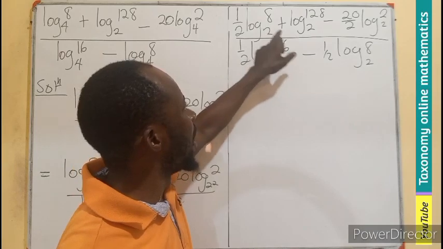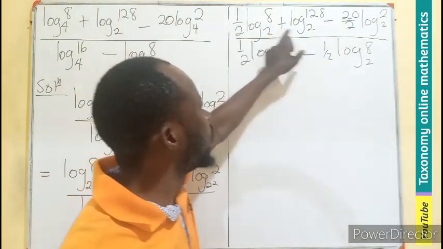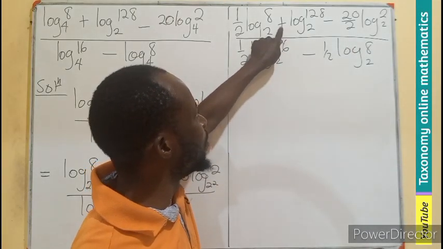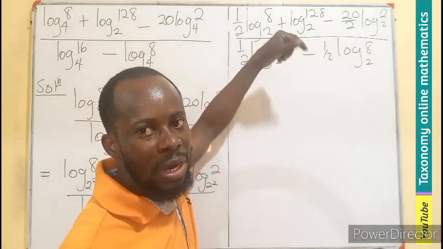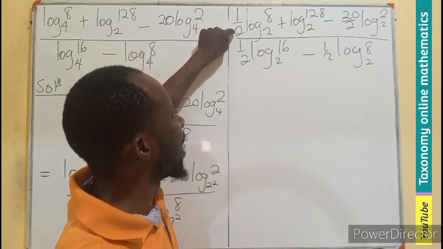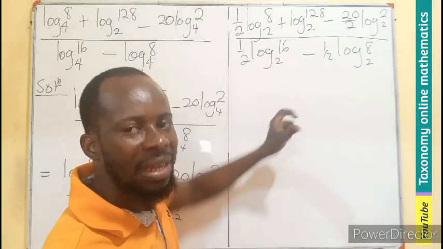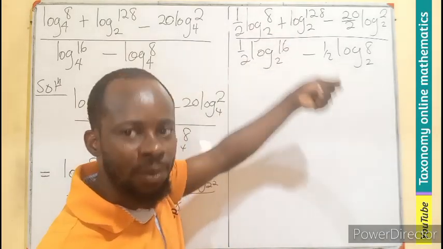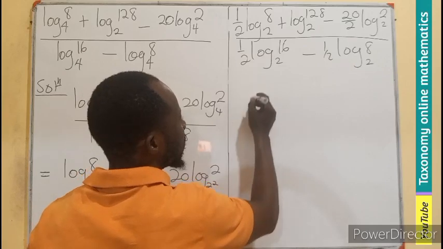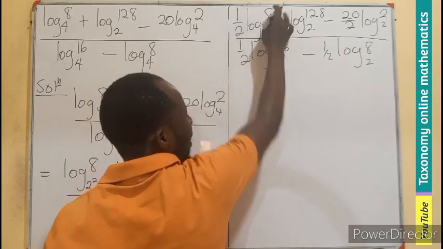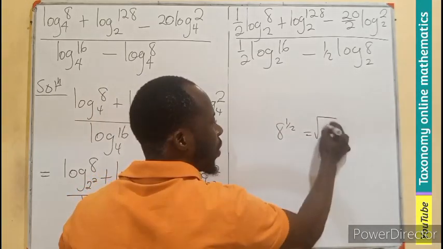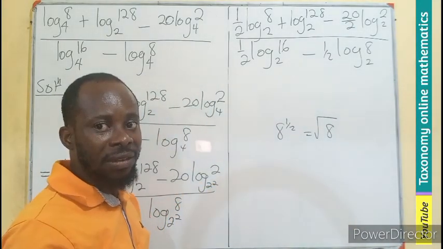So now I have the same base 2, base 2, base 2, and you can agree that if they are in the same base and we are having addition, we only multiply the argument. All right. And when I have a number multiplying a logarithm, that could also become the exponent. Meaning here, if I send this to become an exponent, we know 8 exponent half is the same as the square root of 8 in terms of indices.